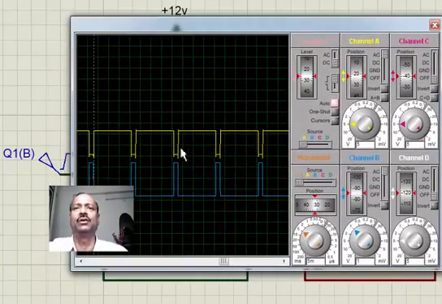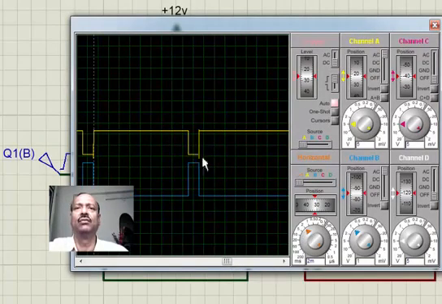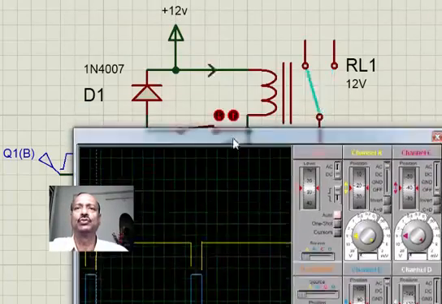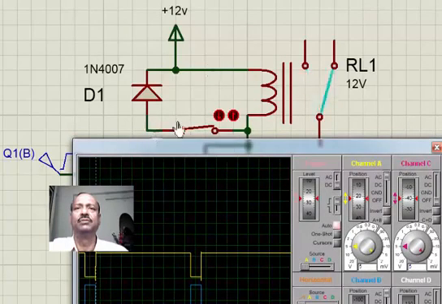See, I am giving an input of on and off. Now let's expand this so that you can see it better. So the yellow one, as we have seen, is across the transistor, and this blue one is the input voltage.